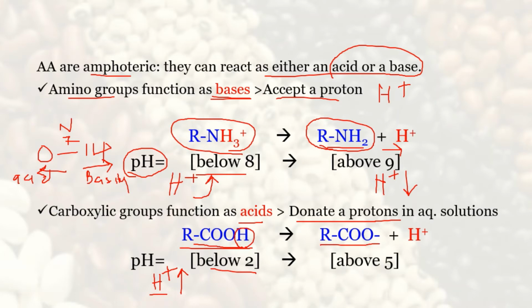Then above 5, we are going towards having fewer hydrogen ions. In this case, we have fewer hydrogen ions in the solution, so the carboxylic group is going to donate a hydrogen ion.